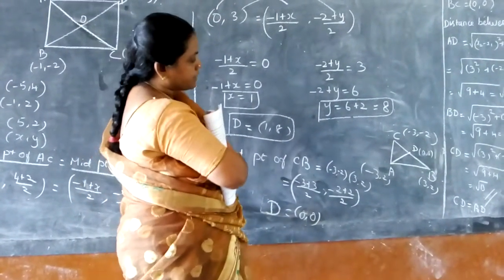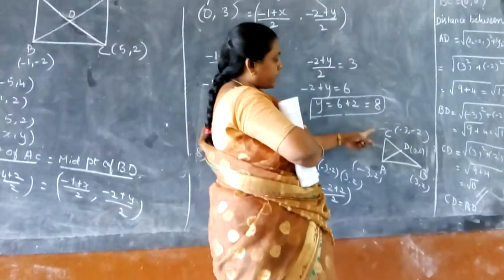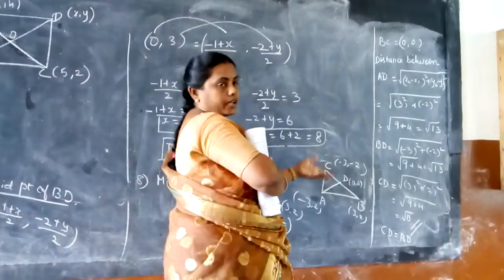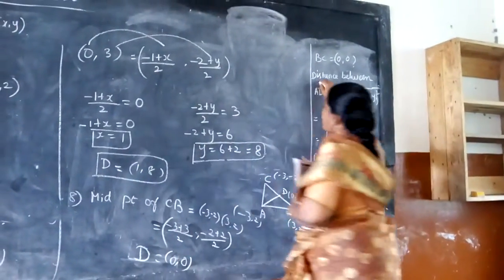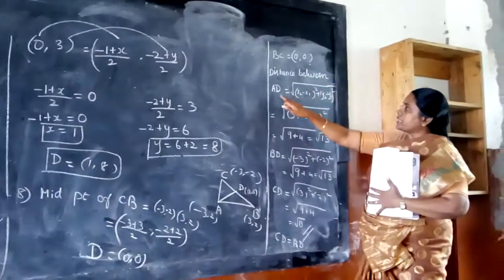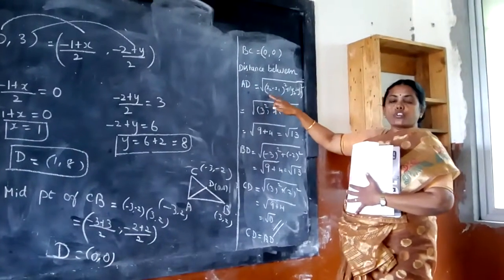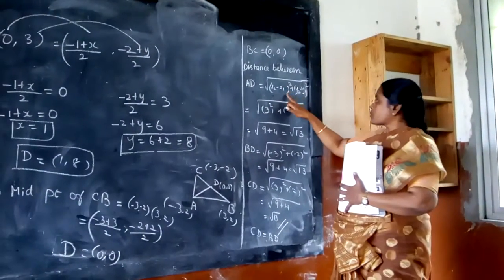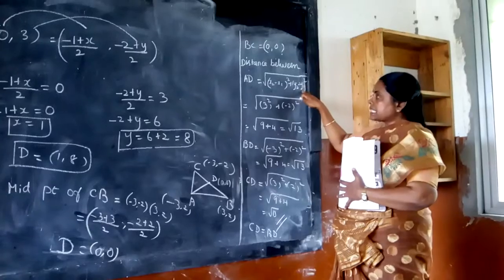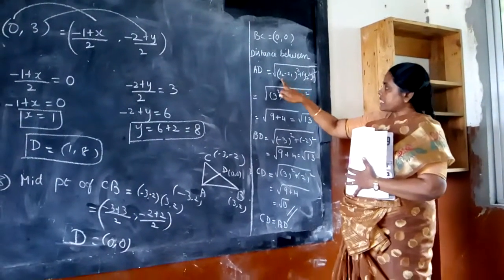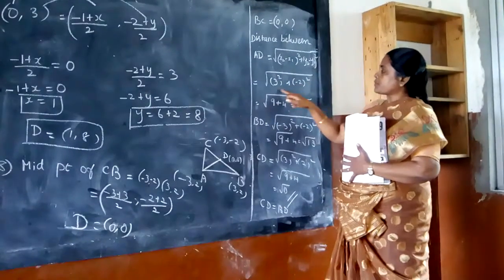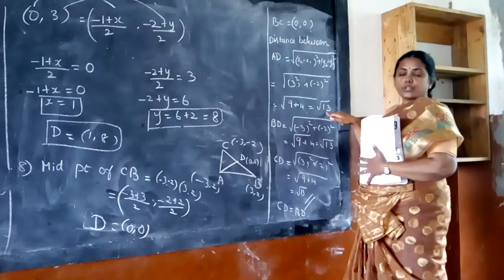After getting this D, now I am going to show that AD, BD and CD are equal. By which formula? By the distance formula. You have to use the distance formula here. So the distance between A and D: the formula is square root of (x2 minus x1) the whole square plus (y2 minus y1) the whole square. This is the distance formula which we have learned already. By substituting x2, x1, y2, y1, we get the value to be square root of 13.